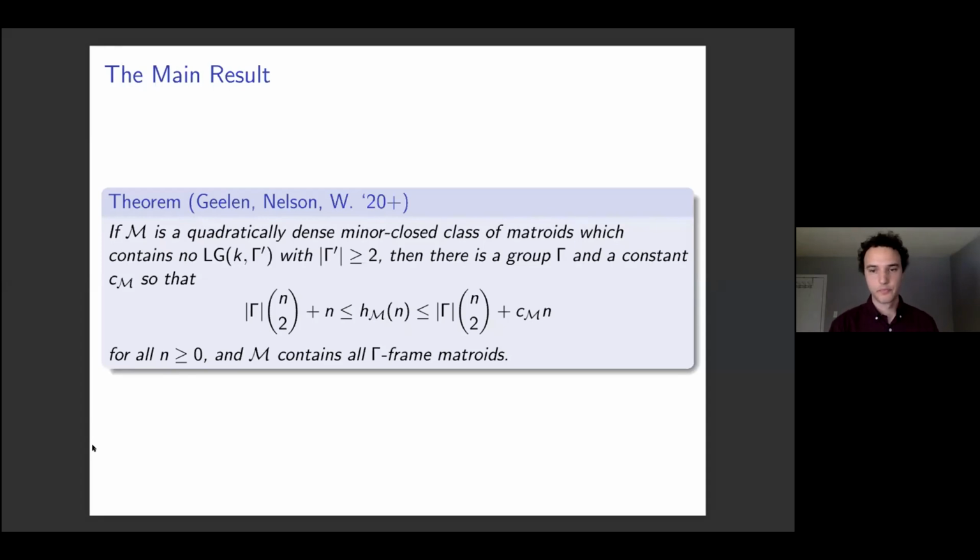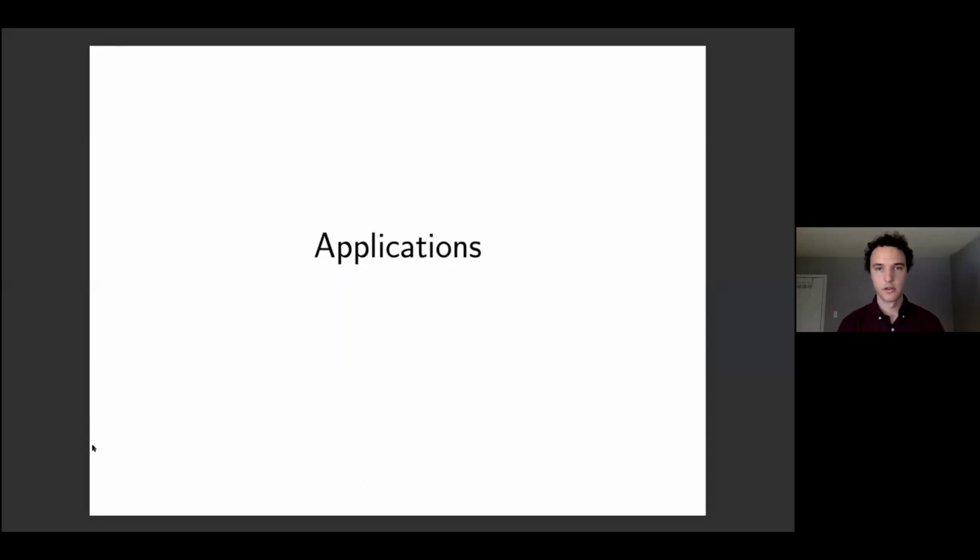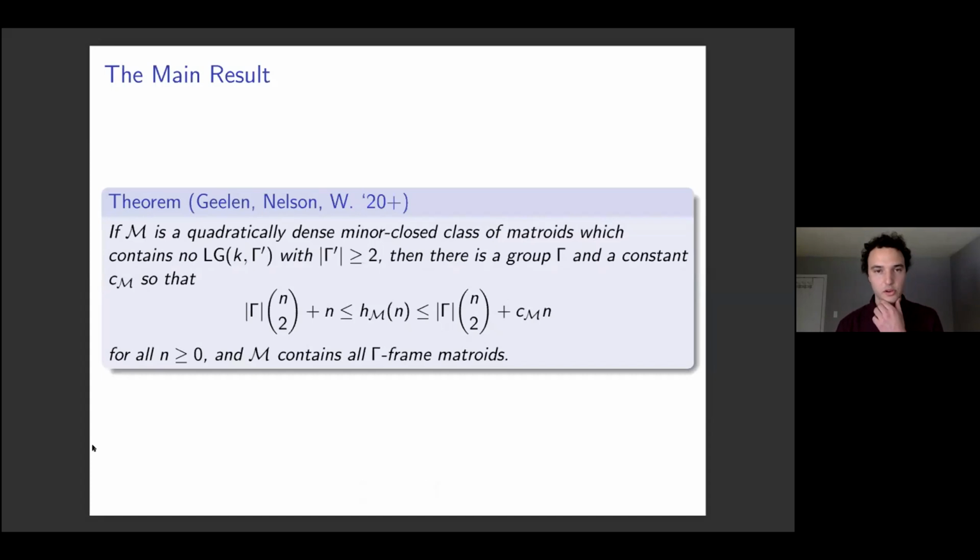Okay, so I'll move on to some applications of this result. I'll first show you how we can use our main result to get a more exact result. So the reason this result is not exact is because this class of matroids M could contain a Dowling geometry over gamma plus some extra element.